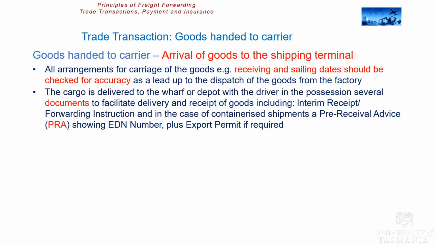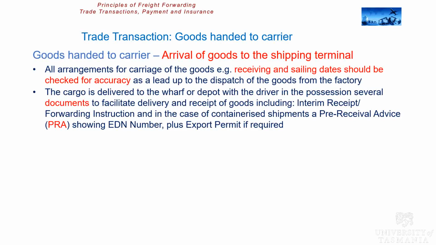Make sure that the cargo is arriving at the depot or the wharf or the airport with the appropriate documentation. So the driver will require a number of documents to facilitate that delivery to that particular terminal.